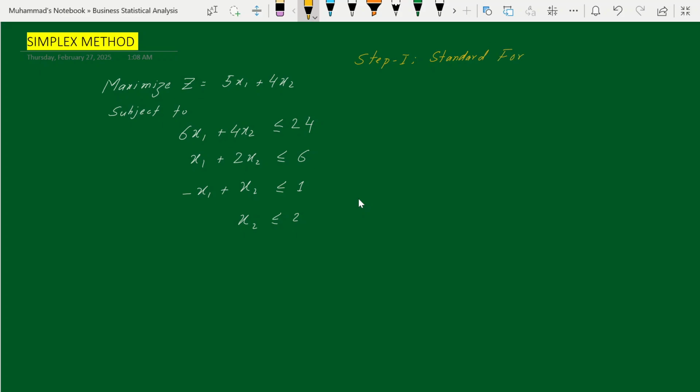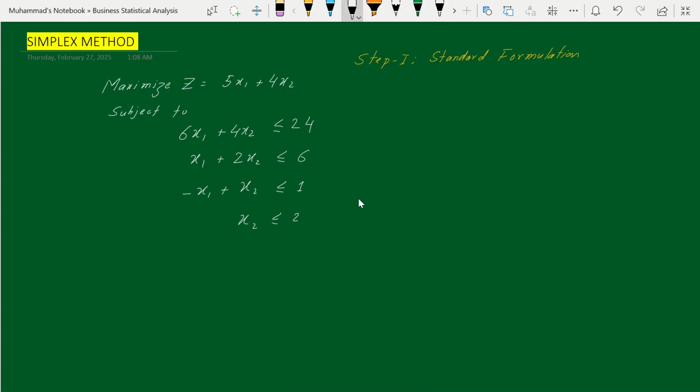In order to get the standard formulation, we convert all these inequality constraints, less than or greater than constraints, into equality equations. The objective function is already in equality form, and we convert the inequality constraints into equality equations. So first of all, let's write this.